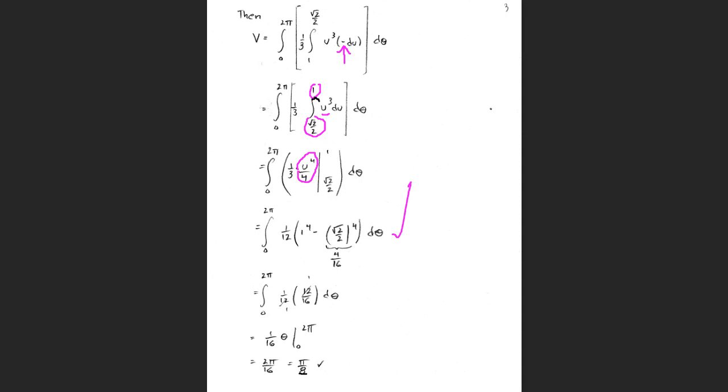It's really quite beautiful. And the antiderivative of 1/16 is 1/16 theta. And in the end, you're going to get an answer of pi over 8. That's the volume of that ice cream cone, the exact volume.